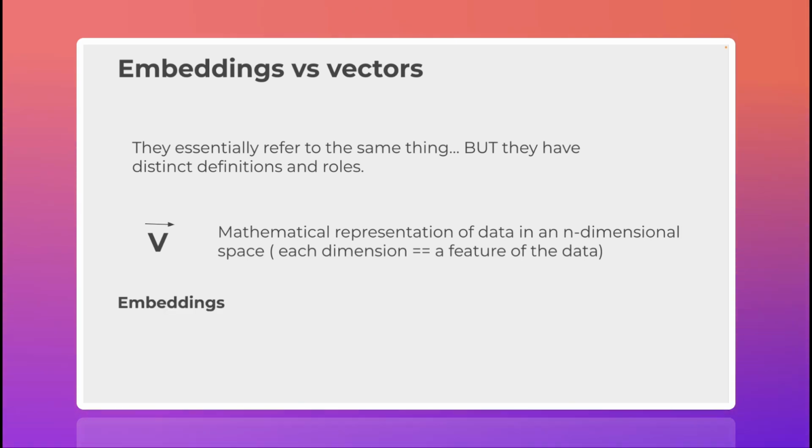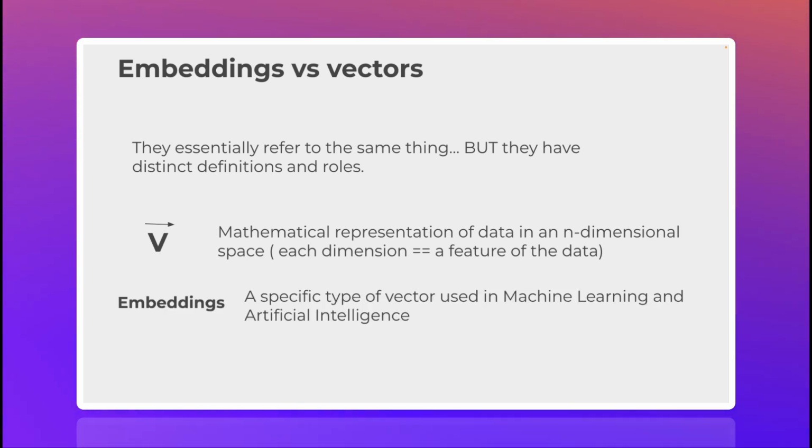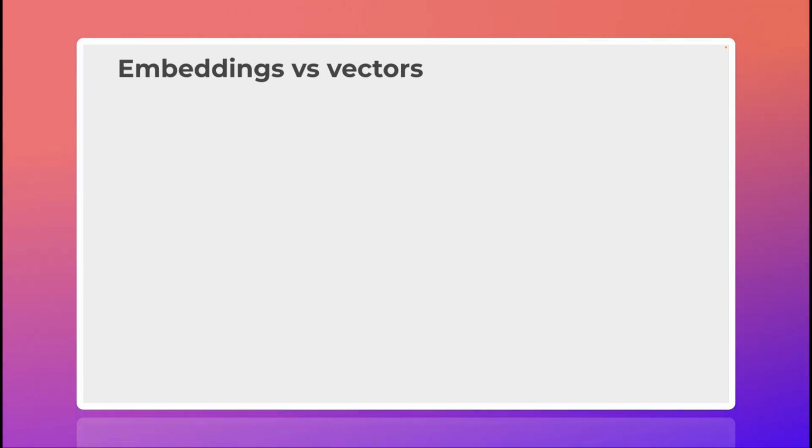Embeddings are a specific type of vector used in most cases in machine learning and artificial intelligence, because they are a little bit more loaded than a simple mathematical vector. The terms embeddings and vectors are often used interchangeably in data science, particularly in machine learning, but they have distinct definitions and roles. Let's take a look at them.